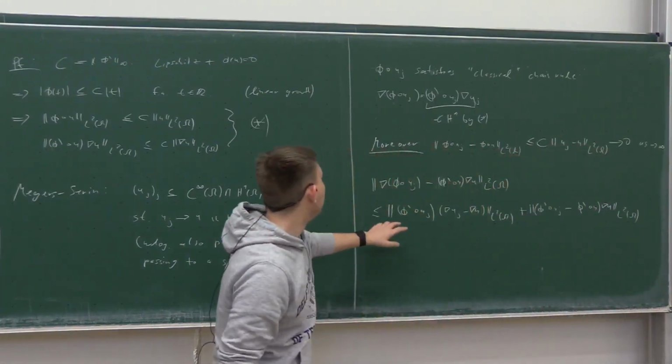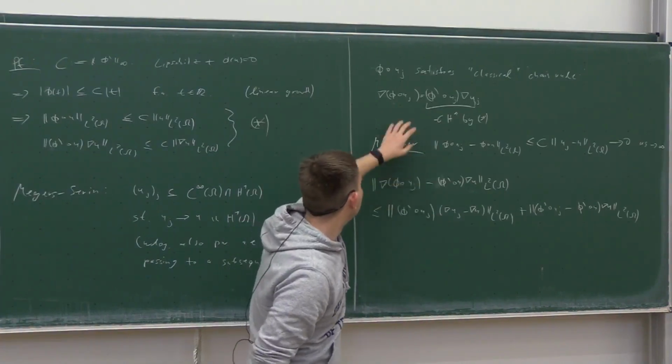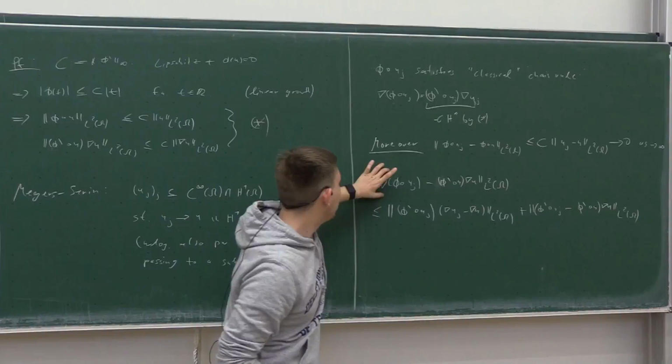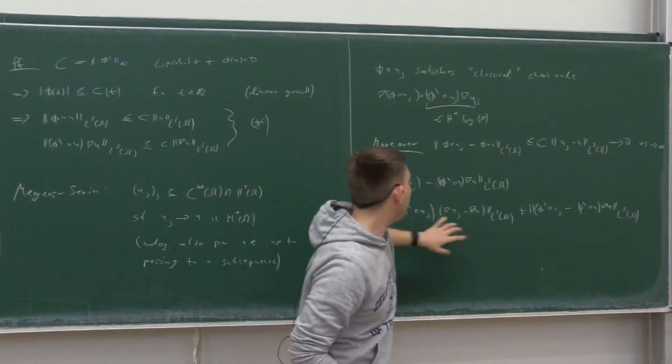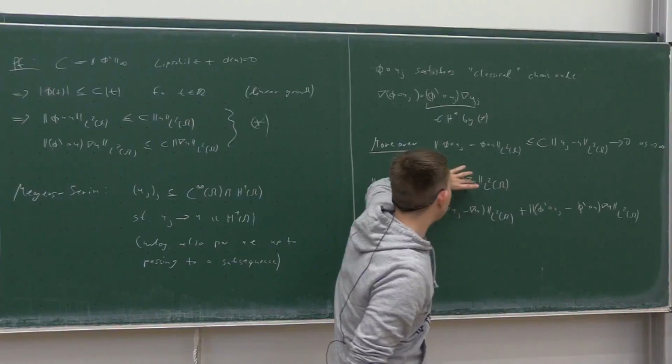So you see here you have phi prime of uj times gradient of uj. This is what's written here. Then this part and this part cancel out, and this is what's written here.